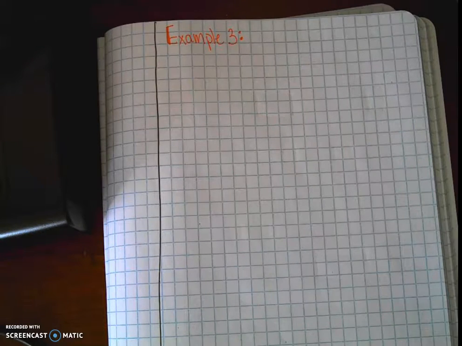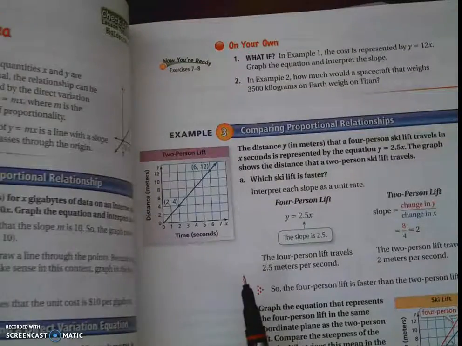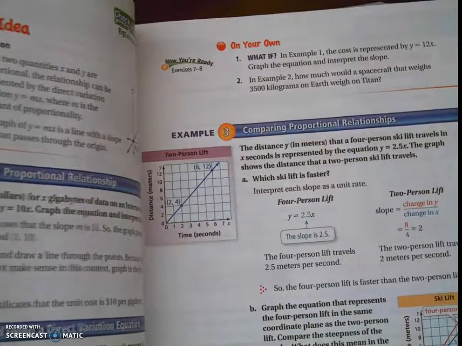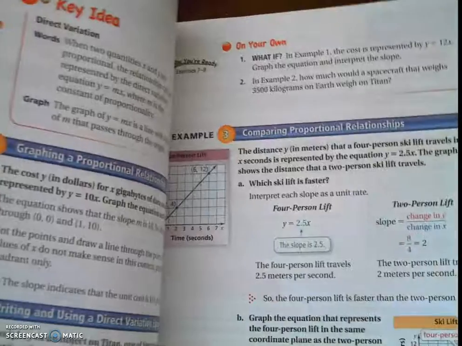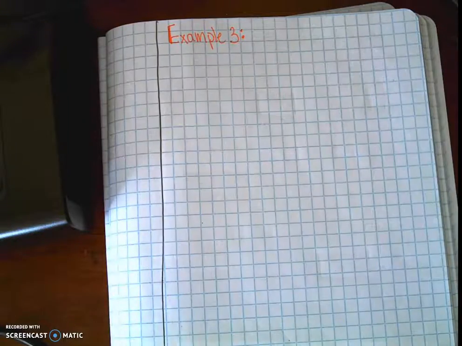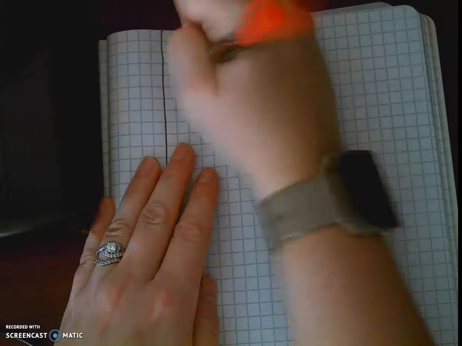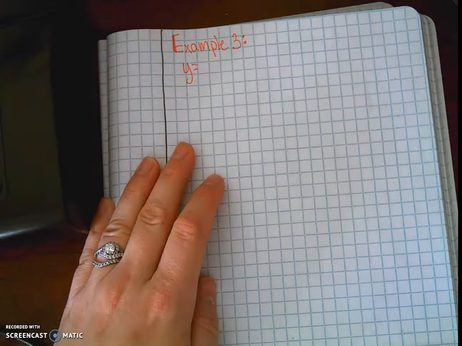So if your textbook isn't open, you will need to open up your textbook and make sure you're on this page to follow along for this problem. Okay, so make sure you're on page 161. So if we look, we know that y is our distance in meters.